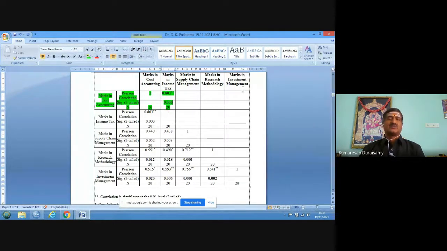Similarly, next one. We are comparing cost accounting and supply chain.